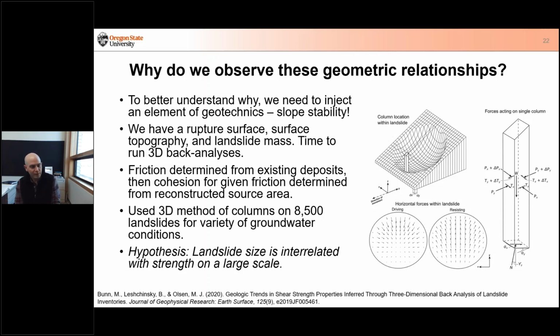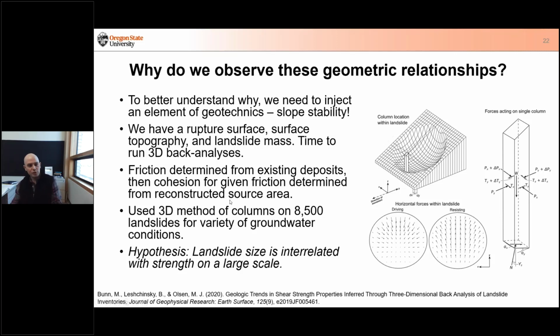That's a mature slip surface. We assume that the bonds of cohesion, if you want to think of cohesion as a real thing, are gone. Then we take that friction angle, we apply it to our reconstructed landslide, and we try to back out what we call cohesive strength in this case, although of course in rock it's much more complicated. So we do this for all the landslides in our inventory for a variety of groundwater conditions, which of course is one of the biggest assumptions.